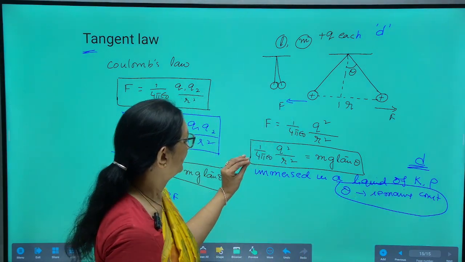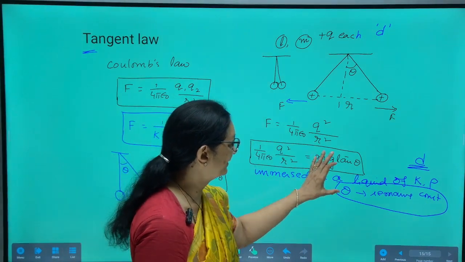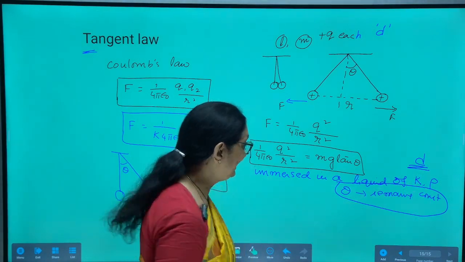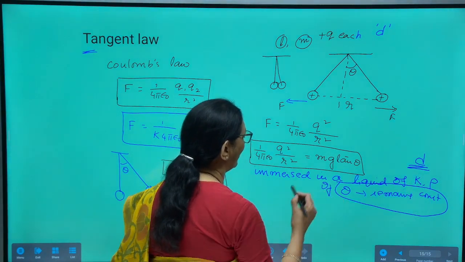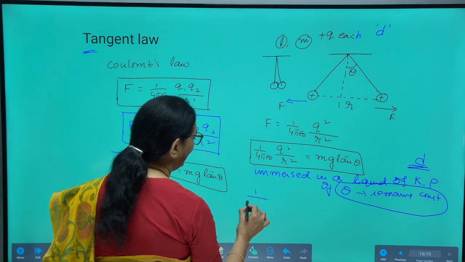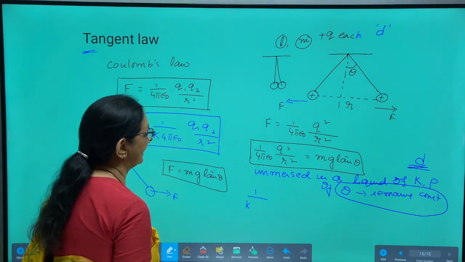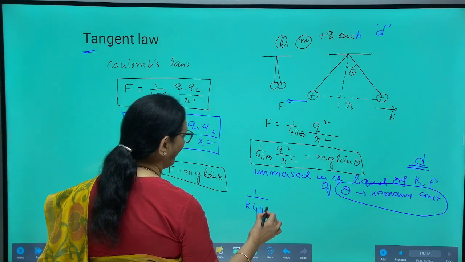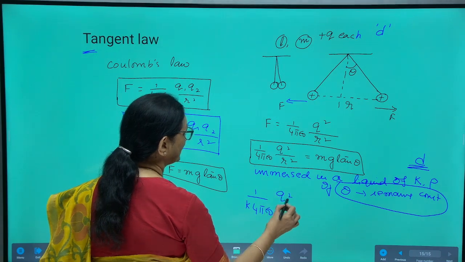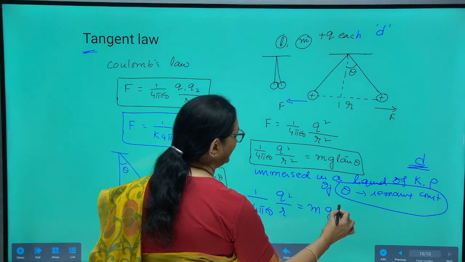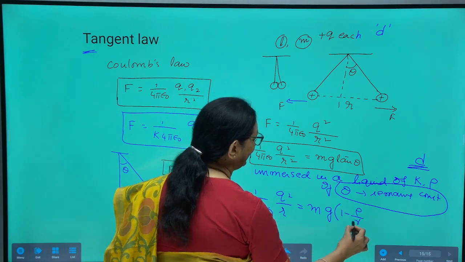So, the arrangement is immersed in a liquid of dielectric constant K, density rho. If theta remains constant, what happens? Let us see. In a liquid of dielectric constant K, the force becomes 1 by K into 1 by 4 pi epsilon naught q square by r square, equal to mg into 1 minus rho by d tan theta.